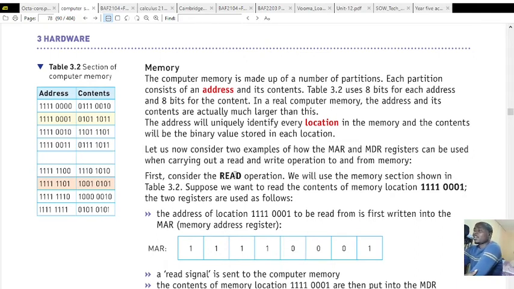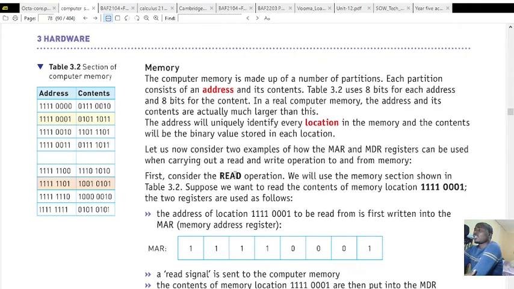We'll use the memory section shown in table 2. Suppose we want to read the content of memory location 1110001.